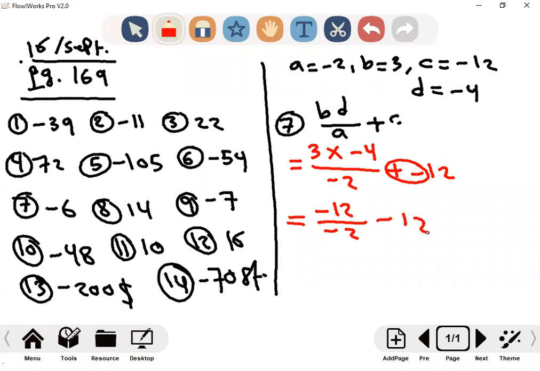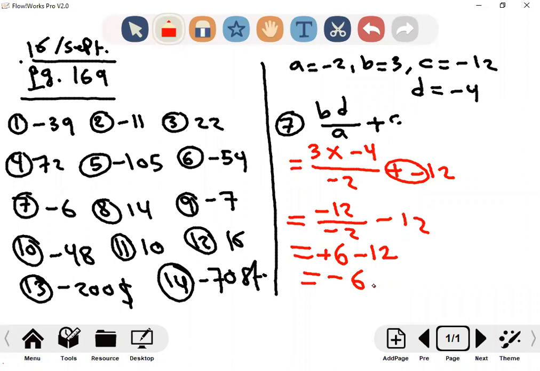Now we divide then subtract. -12 divided by -2, how much? Plus 6. Then 6 plus -12 is -6. Excellent. Understand it?